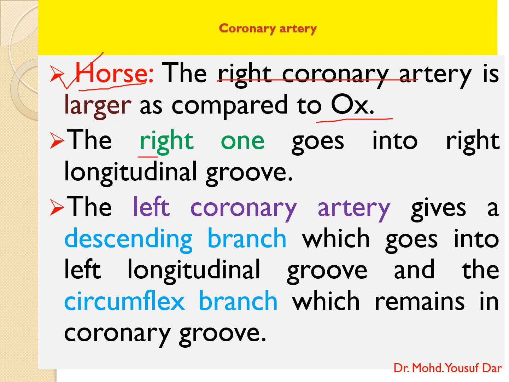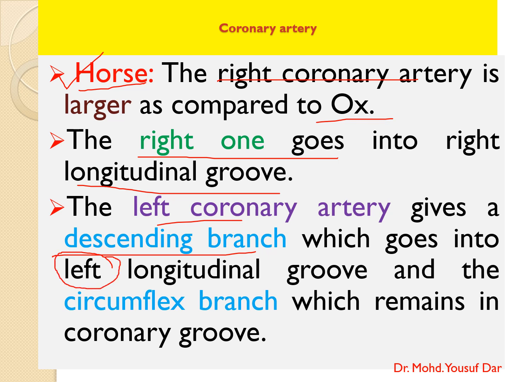Here the right coronary artery goes into the right longitudinal groove, and the left coronary artery gives a descending branch which goes into the left longitudinal groove, and a circumflex branch which runs in the coronary groove.